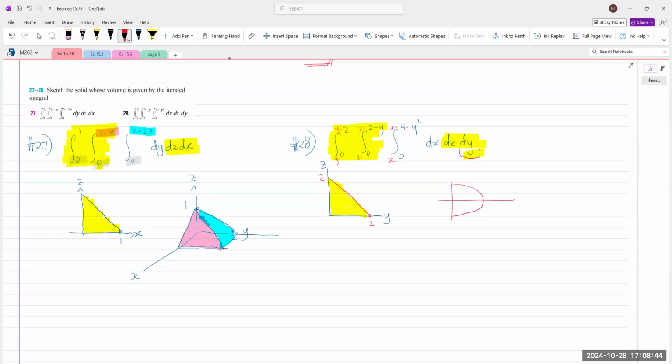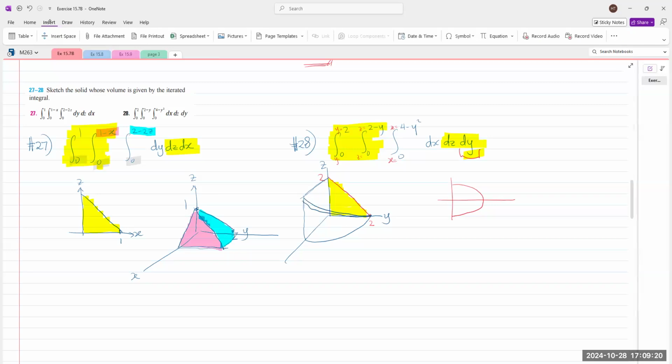So it actually looks like, if I extend from there, it looks like this. No, it's not. It is being cut. So it becomes like this.